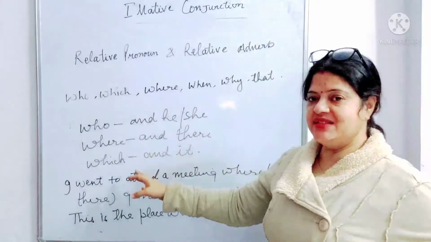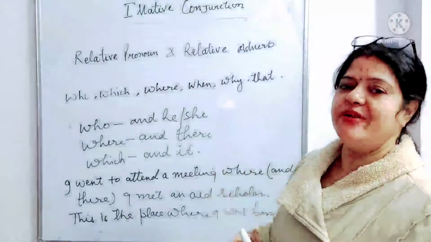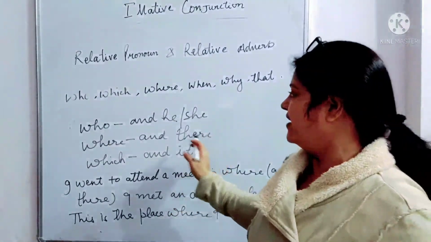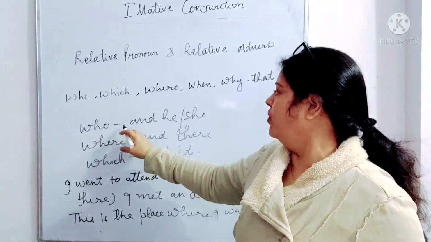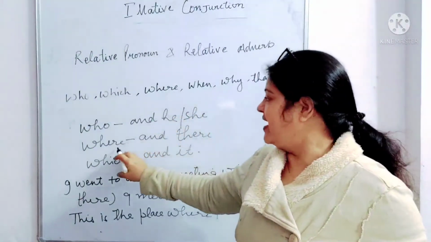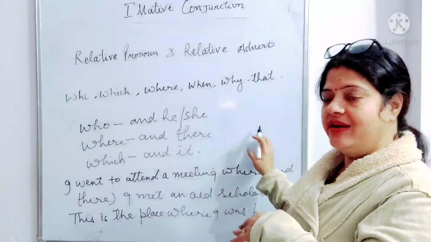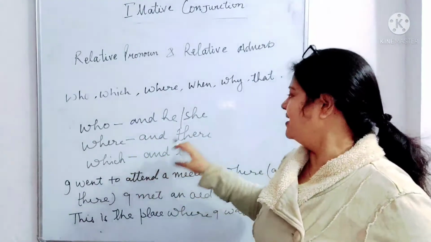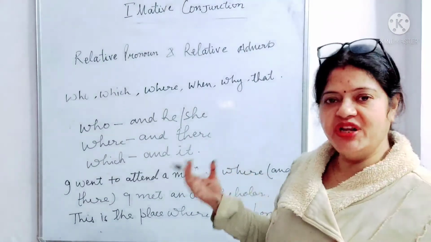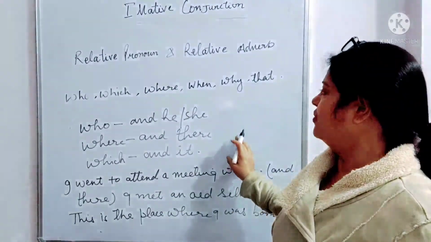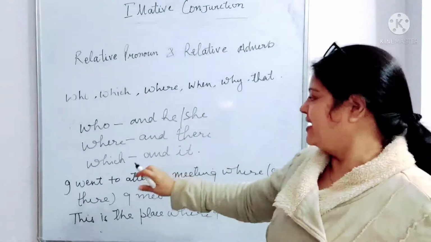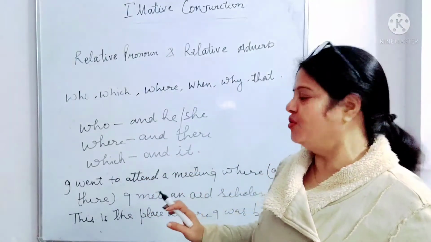So when these relative adverbs and pronouns are used in continuative sense, who gives the meaning "and he or she," where gives the meaning "and there," which gives the meaning "and it," we will call it a compound sentence. Let's see an example of where also.